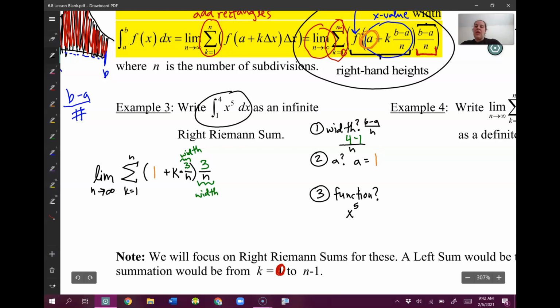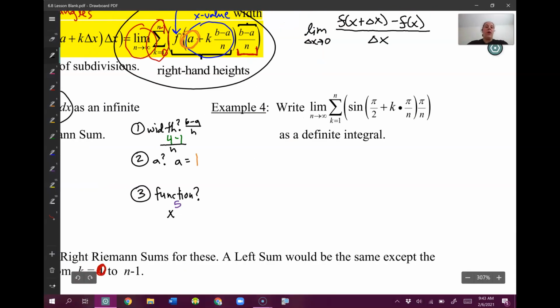So essentially, this whole bit right here, I want to go inside my function. So my function takes things and does them to the 5th power. So I'm going to take this thing and do it to the 5th power, because that's what my function does. Takes things to the 5th power. And that right there is your answer.